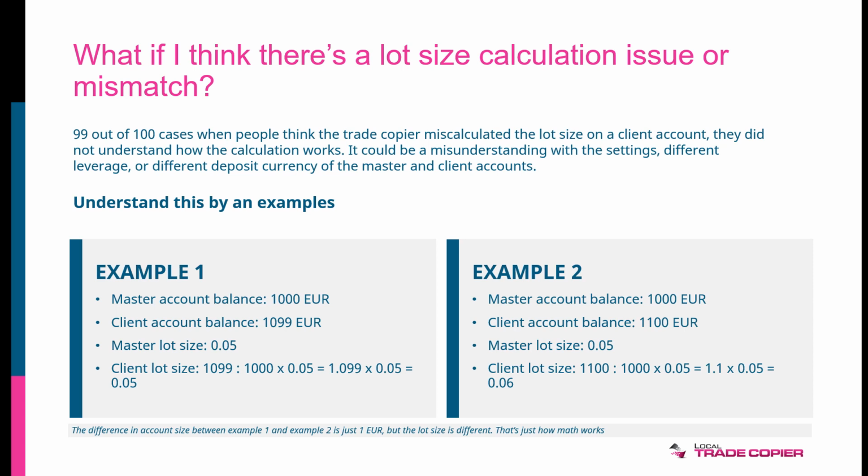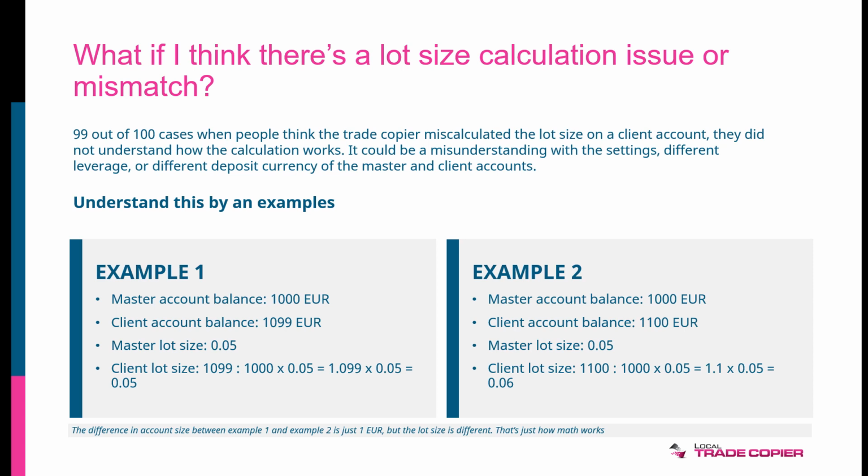In the second example, we have the same master account balance of 1,000 euros, but the client account balance is 1,100, which is only 100 euros bigger than in the first example. But it makes all the difference, because now the 5 microlot master lot size becomes 6 microlots on the client account. You can see in both examples I have the formula written out.